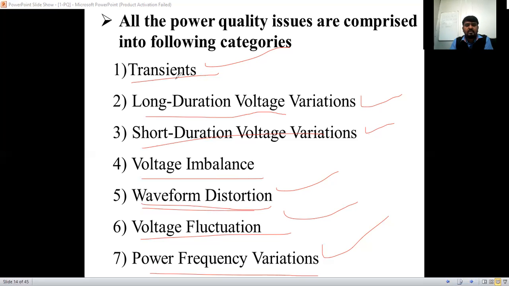So here: transients, long-term variations, short-term voltage variations, voltage imbalance, waveform distortion, voltage fluctuation, power frequency. These all things we are going to discuss again in the second unit and third unit. These are all linked with one another. When we go for harmonic identification, when harmonics are produced, what is voltage fluctuation, what is flicker, all of it will come again over there. The difference between transients and harmonics we are going to discuss in the second unit.